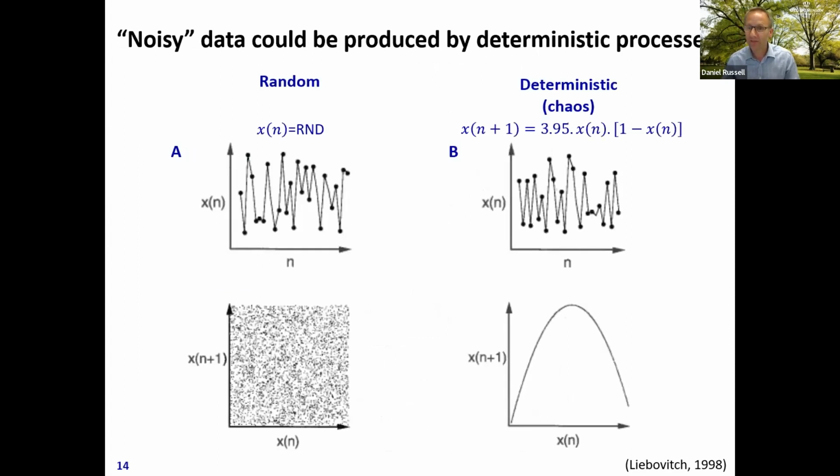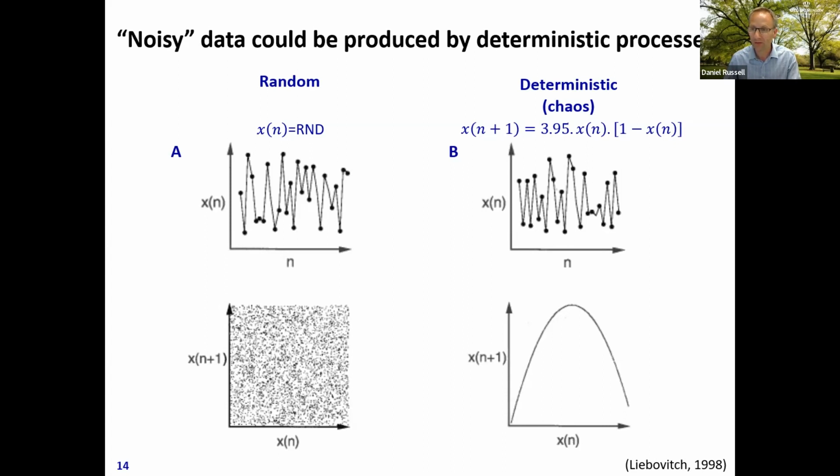So we've seen that noisy data can be produced by a random signal or a deterministic signal. And these recurrence plots, again, here in the bottom, help us to tease apart those particular signals. You can see on the random signal how any value at xn can change to anywhere else in this space for xn plus 1.